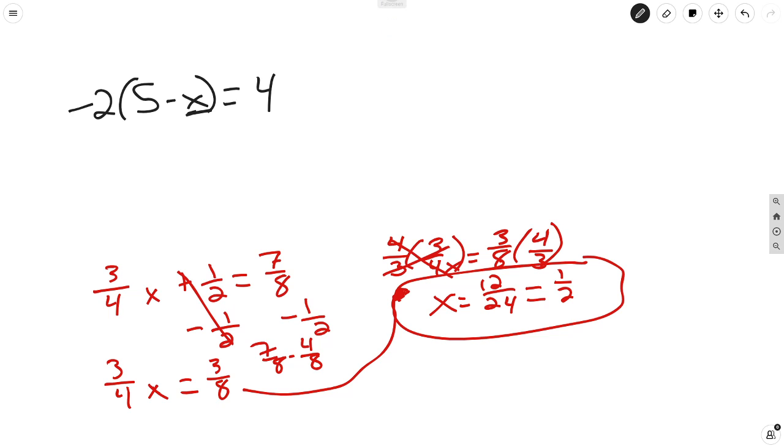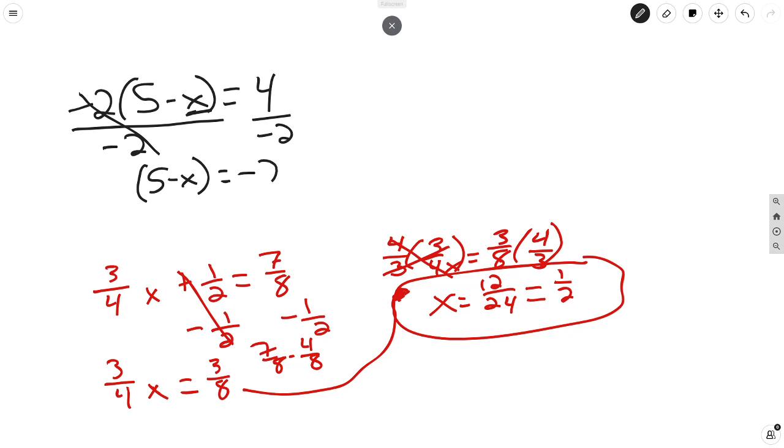First thing I'm going to do is divide by -2, because -2 is being multiplied by this parentheses here, so I need to get rid of it. 4 divided by -2 is -2, because 4 divided by 2 is 2, and a positive divided by a negative is a negative.